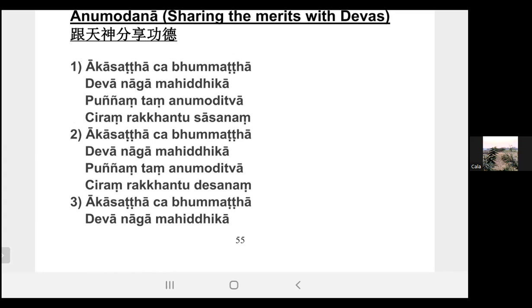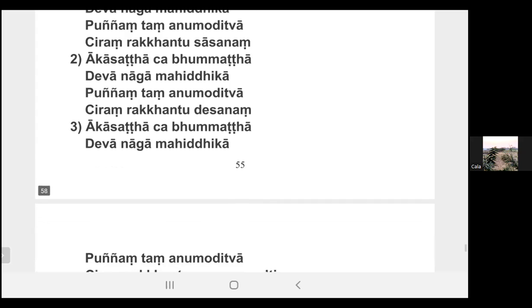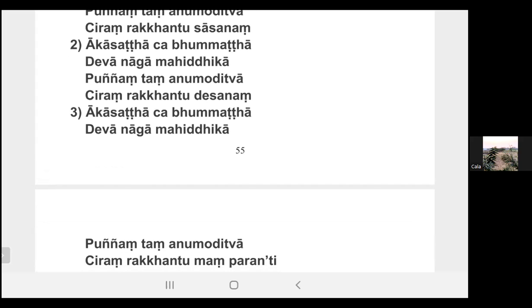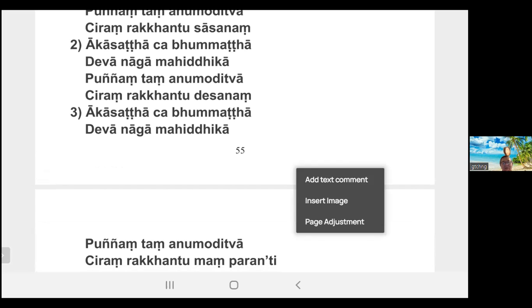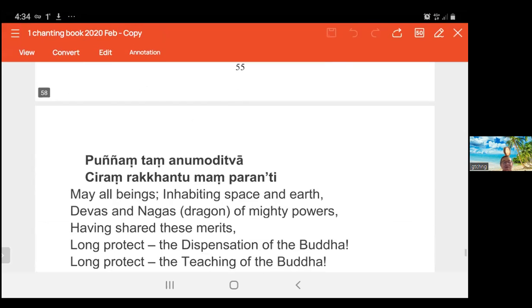Akasati Gomata Devanaga Mahidika Punyanta Anumodita Tiranrakante Sanam.